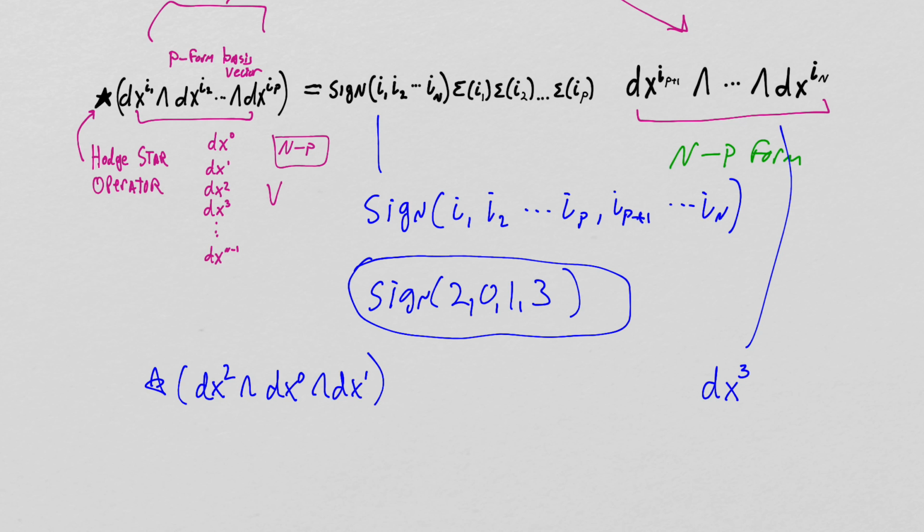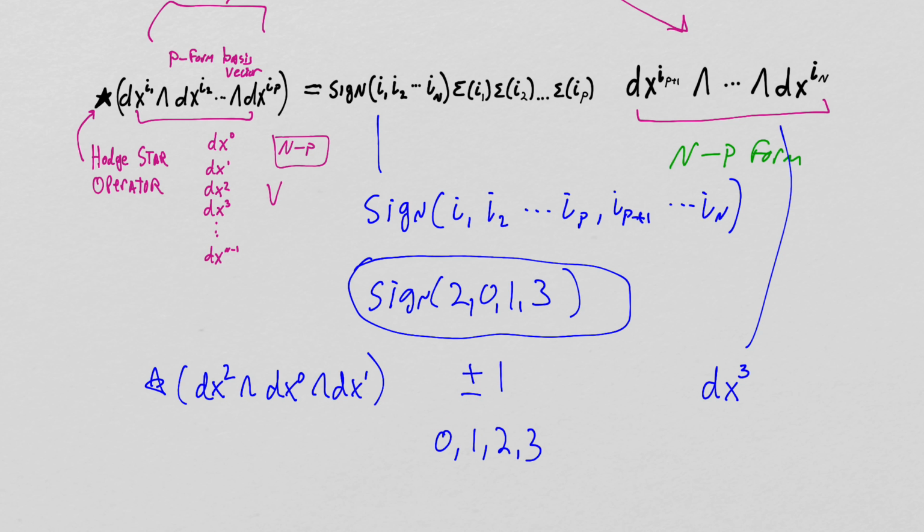And the answer is it's either plus 1 or minus 1, right? It's plus or minus 1, and it depends on whether this is an even or odd sequence relative to the standard sequence 0, 1, 2, 3. So it's just how many flips does it take to get this thing into this order. If it's an even number of flips, you get a plus 1. If it's an odd number of flips, you get a minus 1.